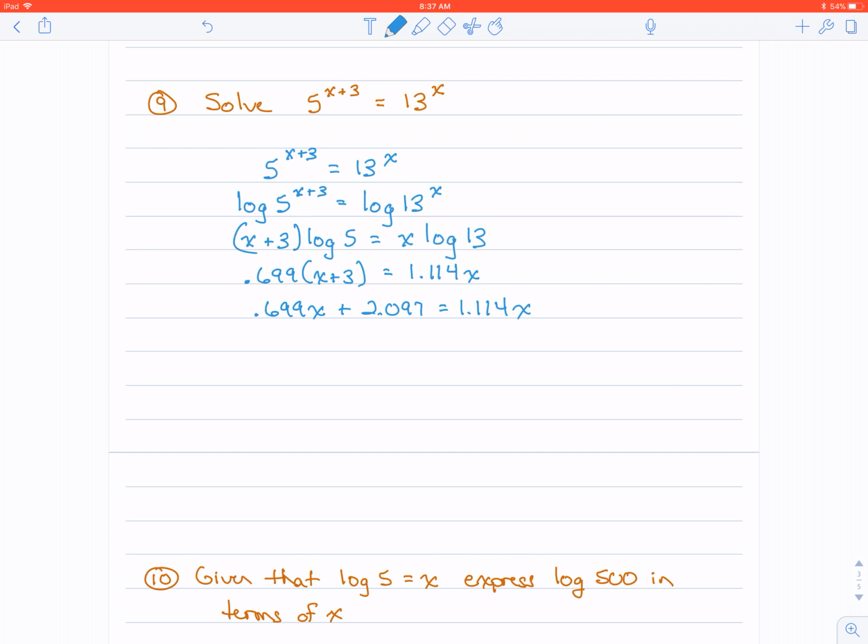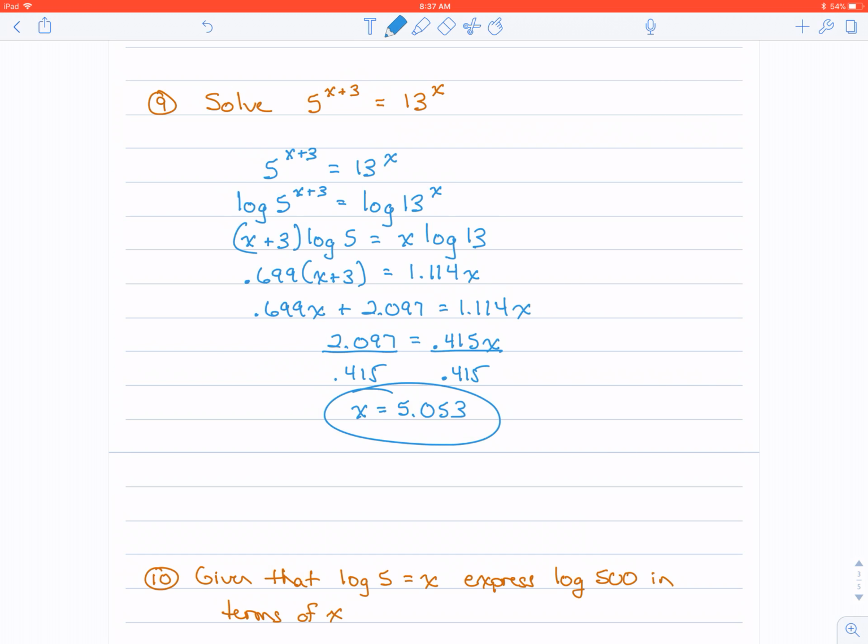And now we do some subtracting. 2.097 equals 0.415x. Divide both sides by 0.415. And we're left with x being equal to 5.053.